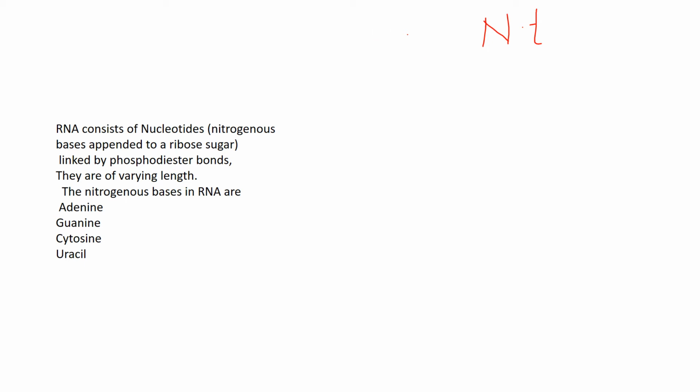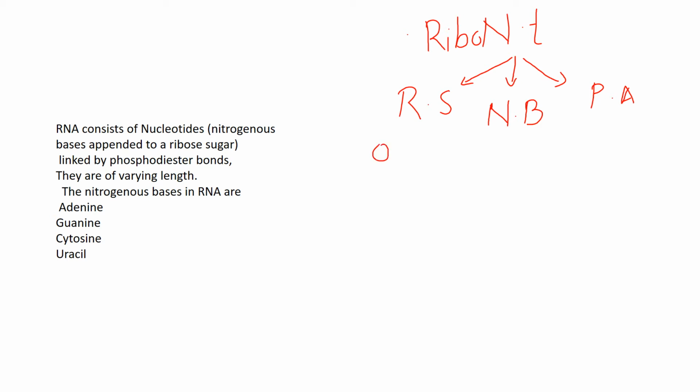Here we find that the nucleotide is again made up of three parts. The first part is the ribose sugar, the second part is the nitrogenous base, and the third part is the phosphoric acid or the phosphate. So again the same thing, it is a polymer of nucleotides. Now we can be very specific about which kind of nucleotides we are talking about: ribonucleotides.